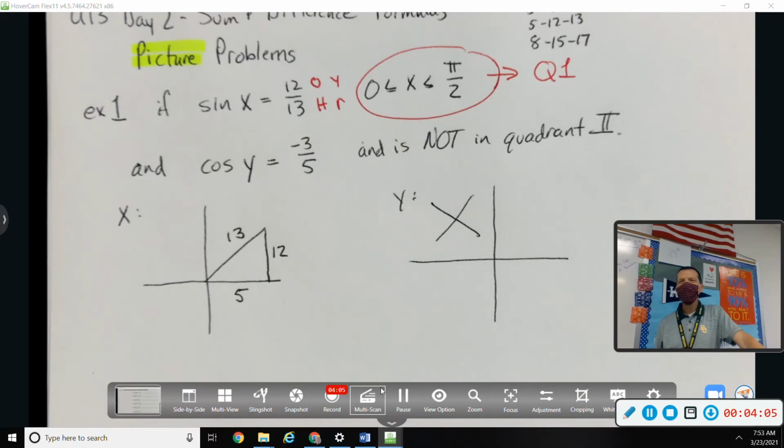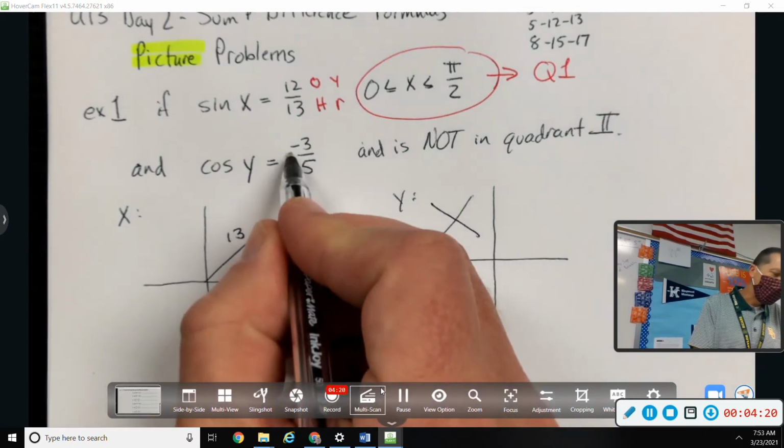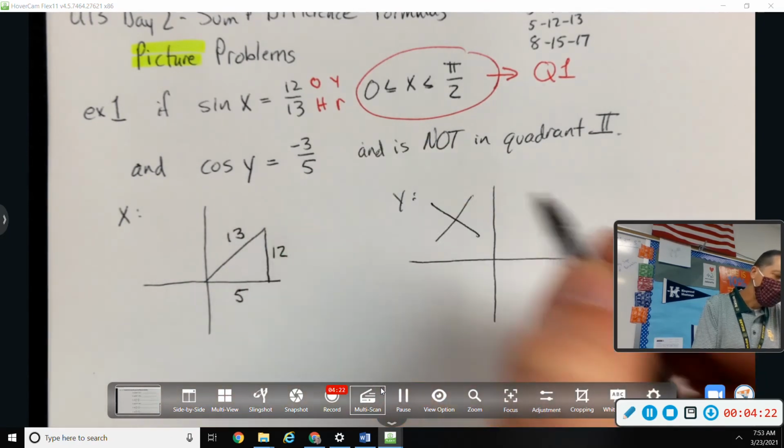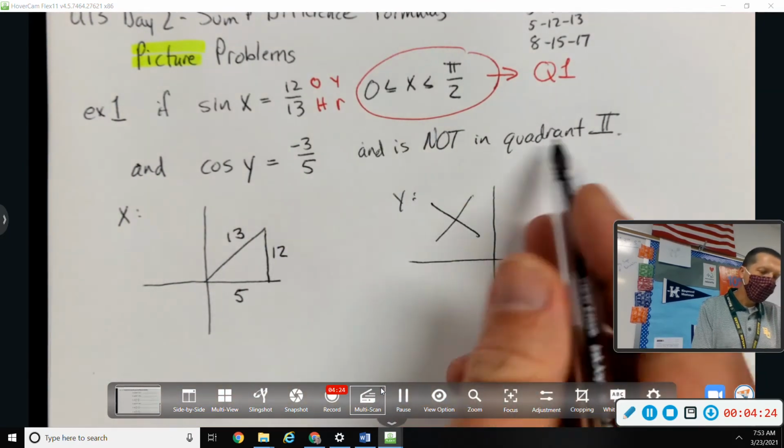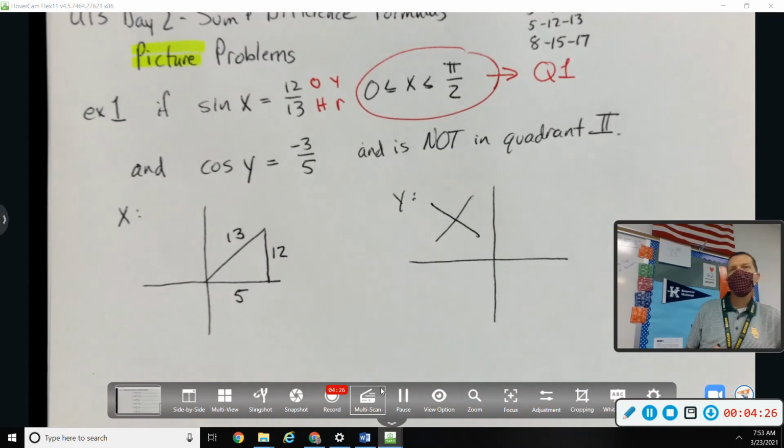Show me with your fingers if you think you know what quadrant it's in. Very hesitant answers because they're not sure. So cosine is the x thing, is the left and right thing. So cosine is negative over on the left. This is negative, so this needs to be in quadrant 2 or 3, but it can't be in 2, so it's got to be in 3.